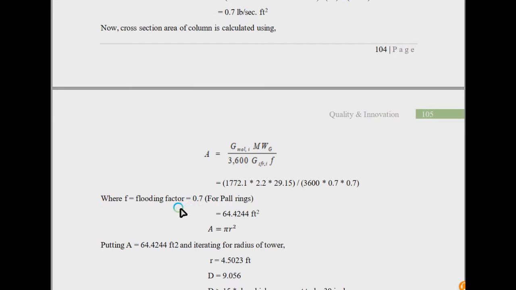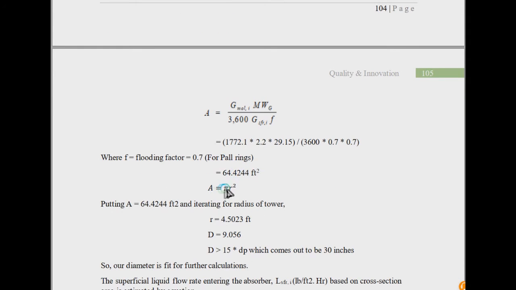So the flooding factor depends upon the packing factor, or in simple language, the voidage. Here for the Pall rings, from experiments, the flooding factor is 0.7. Using this equation you can find the area, which is 64.424 feet square, from the simple relation for the cross section area.